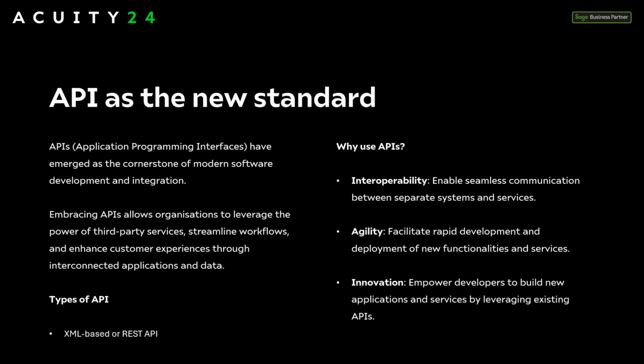It has interoperability, which enables seamless communication between separate systems and services. Agility facilitates rapid development and deployment of new functionality and services. Innovation empowers developers to build new applications and services by leveraging existing APIs.